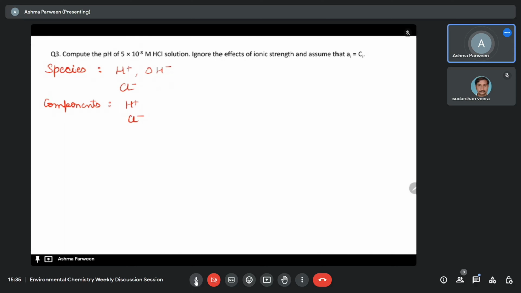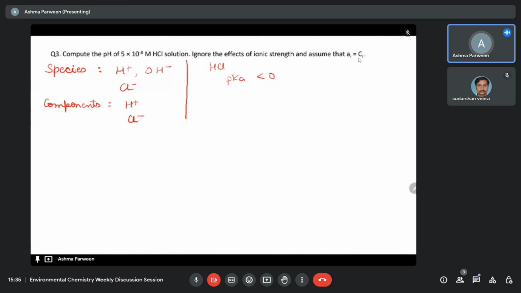Also, for HCl we know pKa of HCl is less than 0, which is given as a hint in the last statement of the question, that assume Ai equals Ci.